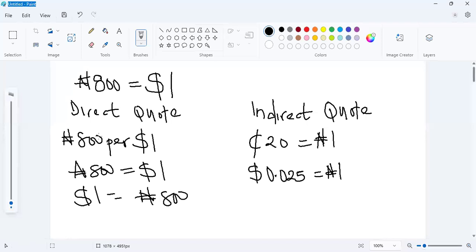So please note, exchange rates can be quoted directly or indirectly. Exchange rates can be expressed in direct form or indirect form.